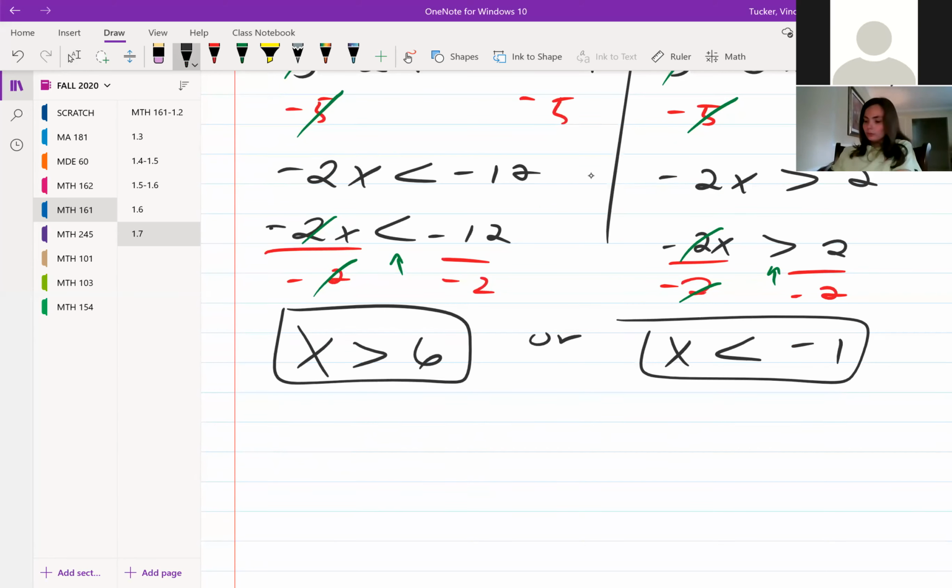So it should be x is greater than 6 or x is less than negative 1. If I were to set up my number line using negative 1 and 6, I want the values that are less than negative 1, so I'm shading to the left. And I want the values that are greater than 6, so I set my parentheses up and shade to the right.